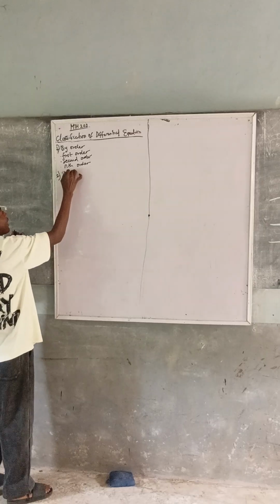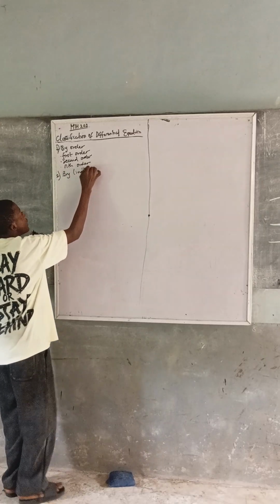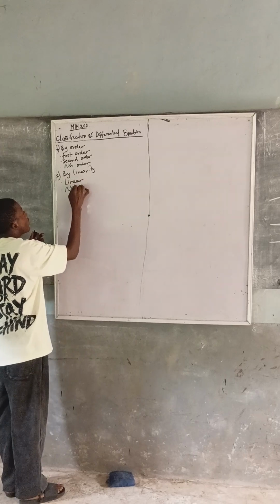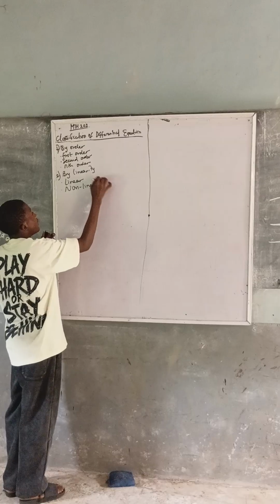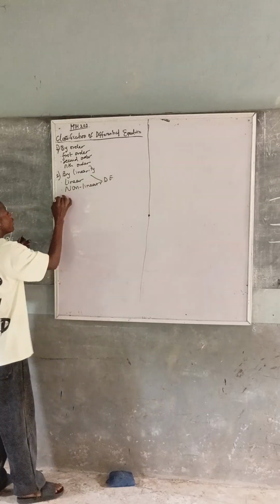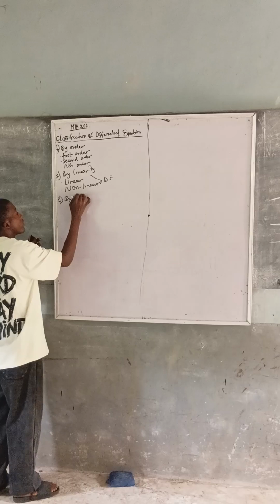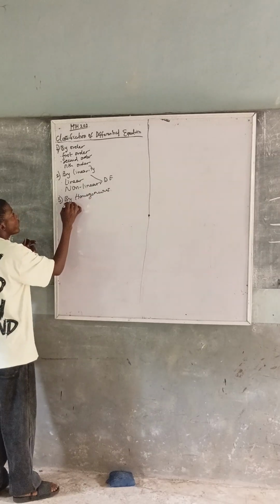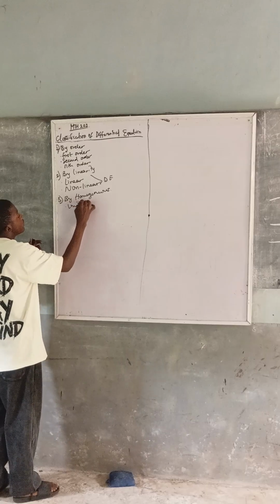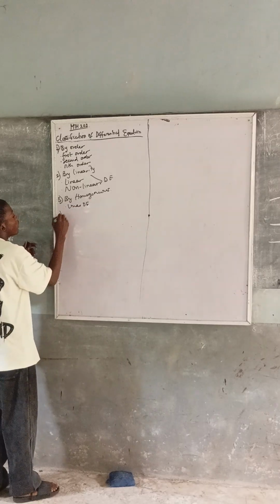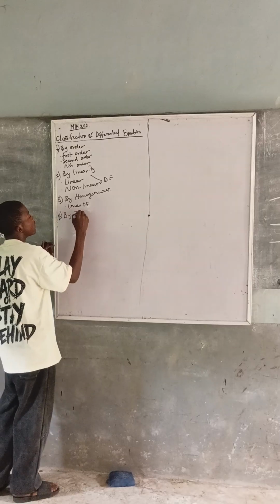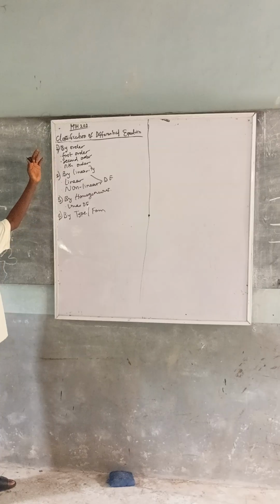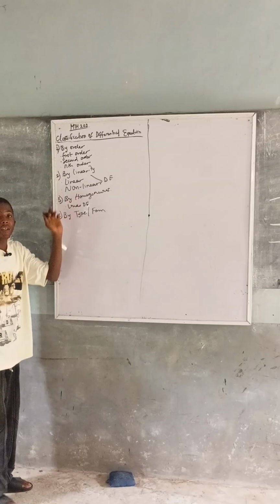Number two, by linearity, we have the linear and the non-linear differential equation. Number three, by homogeneous. Under that, we have the linear D. Number four, by type or form.